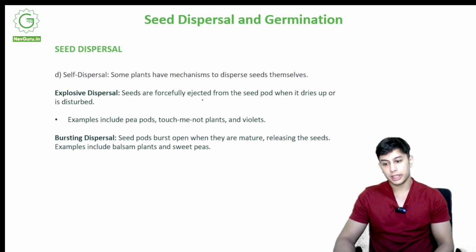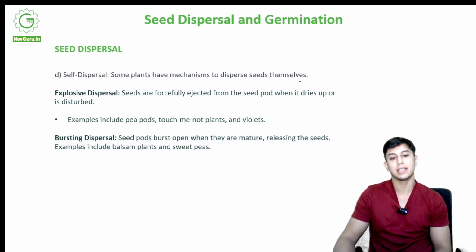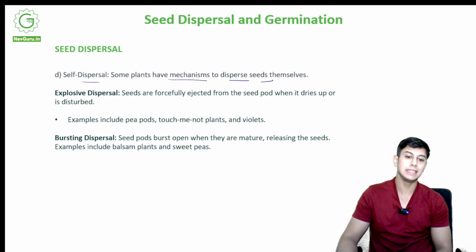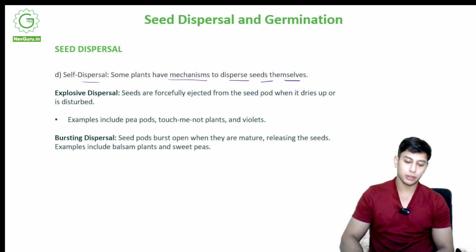Okay, now comes another important thing, that is self-dispersal. Now, what is self-dispersal? Some plants have mechanisms to disperse seeds themselves. Now, some plants said that I won't use animals or birds or water or any natural thing.